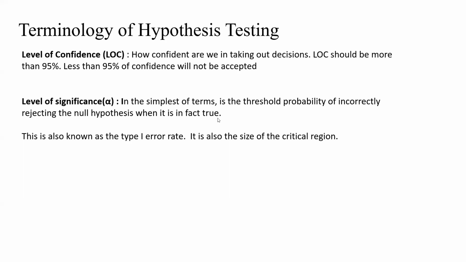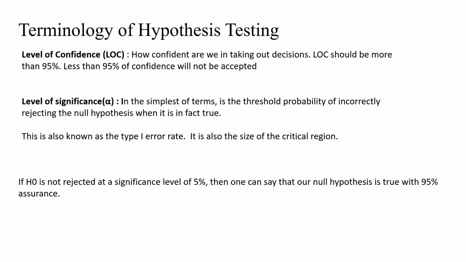It is basically, as we discussed, the probability of a type 1 error happening, where we reject the null hypothesis when we are not supposed to. So both alpha and your level of confidence will always add up to 100%. Let's say, for example, typically this is what it will look like.